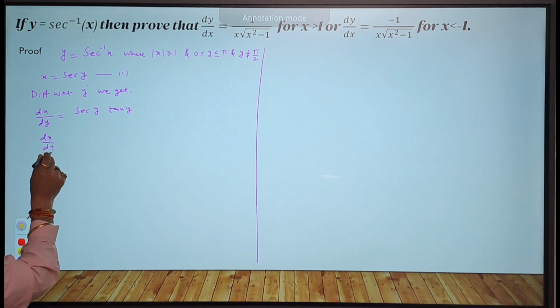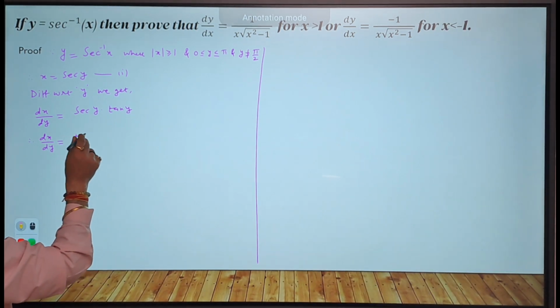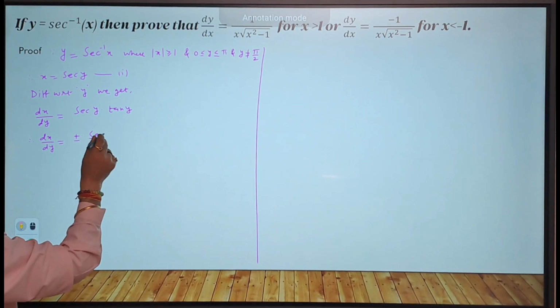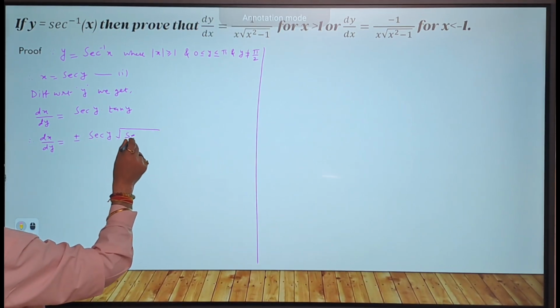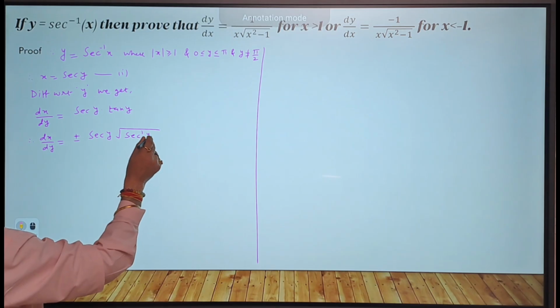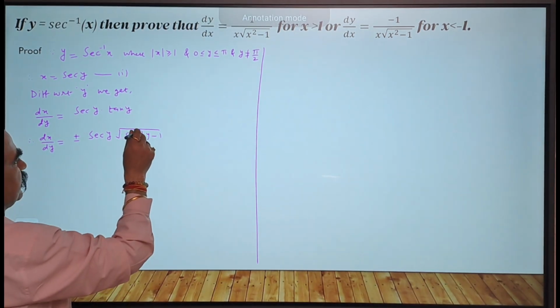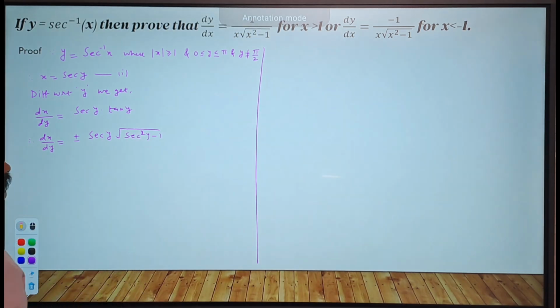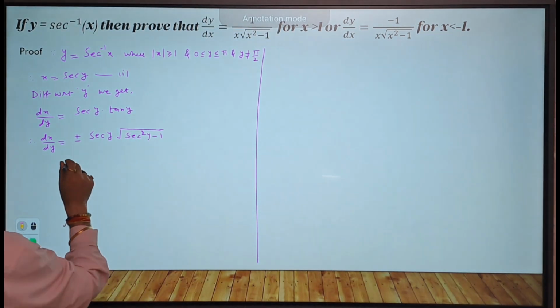Dx by dy is sec y into tan y. Now tan y is replaced by a root of sec square y minus 1. The moment we write root, it will have two signs, either positive or negative. We have written plus minus.